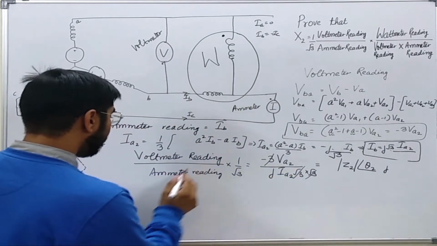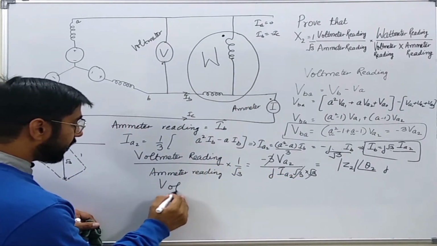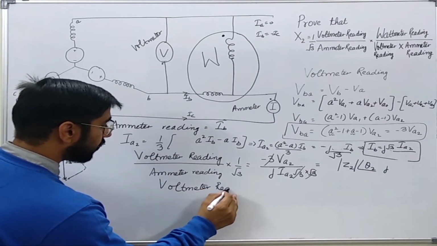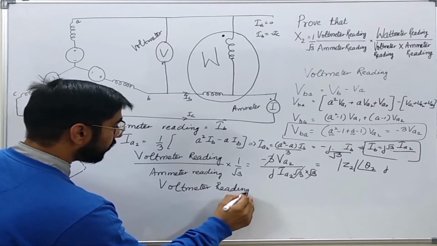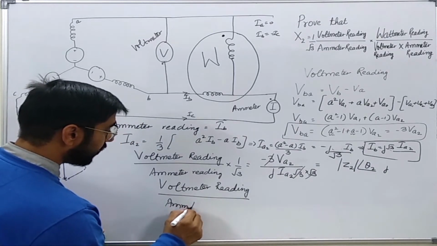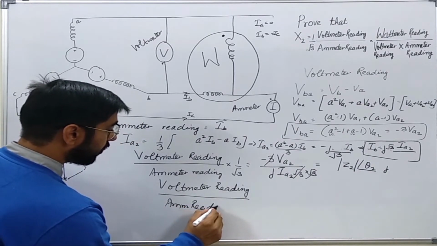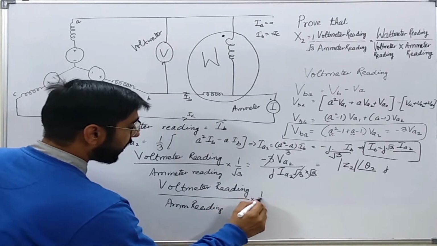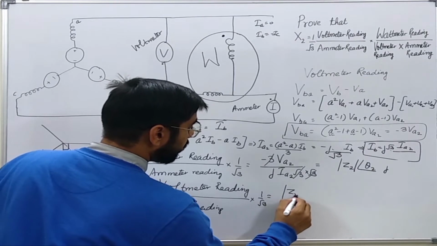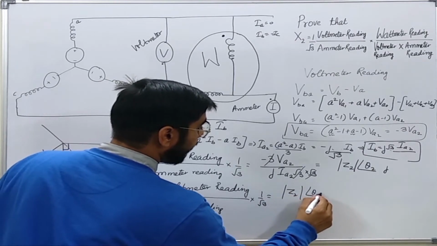So I can see that the voltmeter reading divided by the ammeter reading into 1 by root 3 is equal to Z2 angle theta 2 into j.